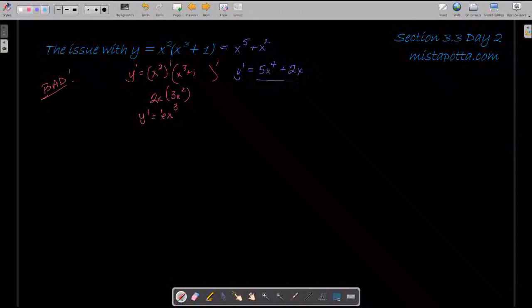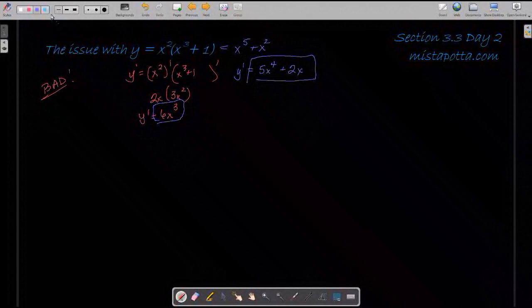And these are clearly not the same function. So then the question is, if I get two different answers, which of these answers, if either, is the correct one?